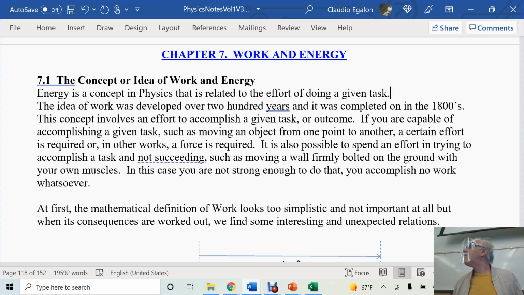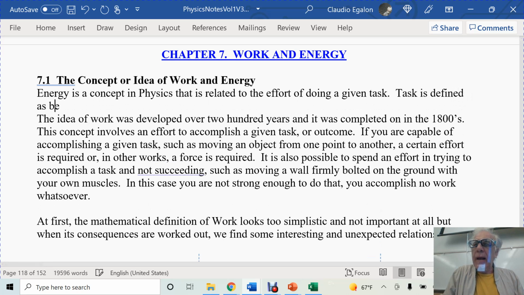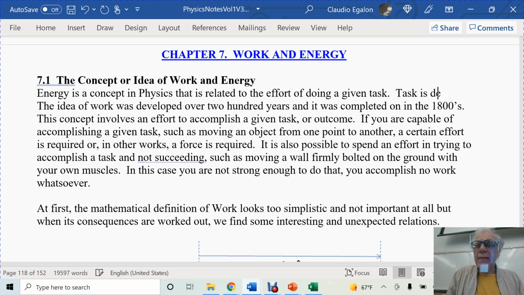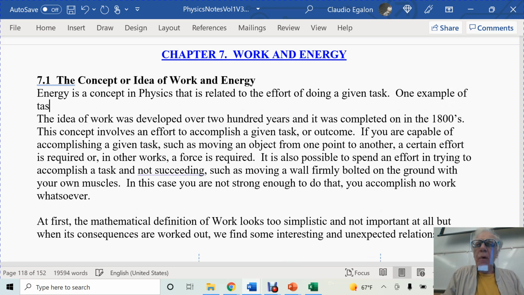Okay. So a given task is defined as being something. Let's put it this way. One example of task: moving an object from one place to another.